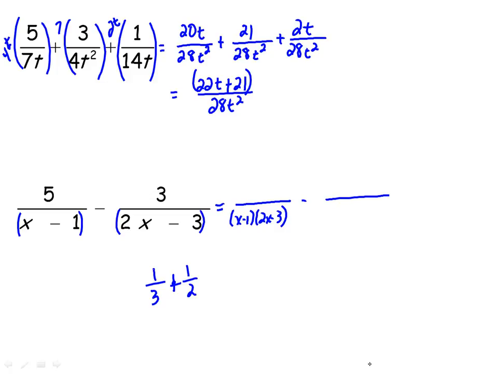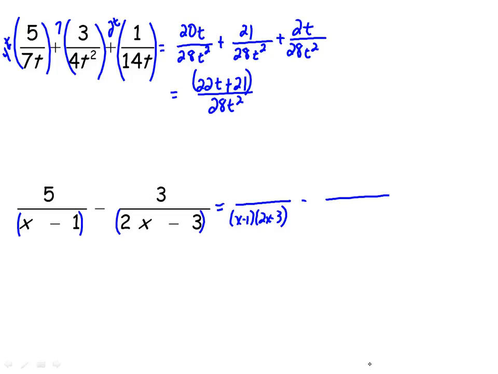What is the common denominator? 6. How'd you get it? You multiplied 2 times 3 together. Same concept. Exact same concept, except we're not going to multiply these out. So your common denominator is going to be these two multiplied together, but don't actually multiply them together.